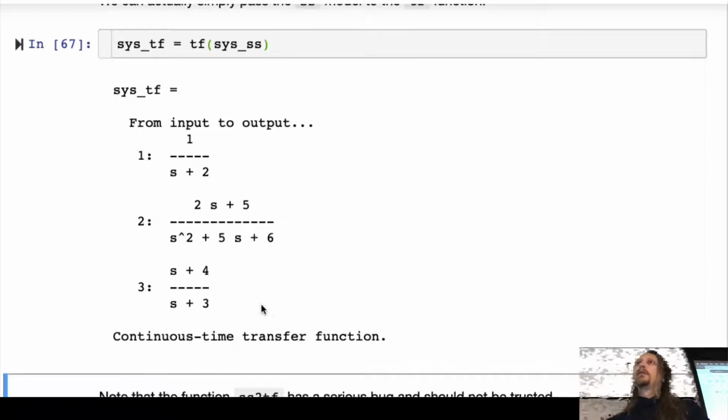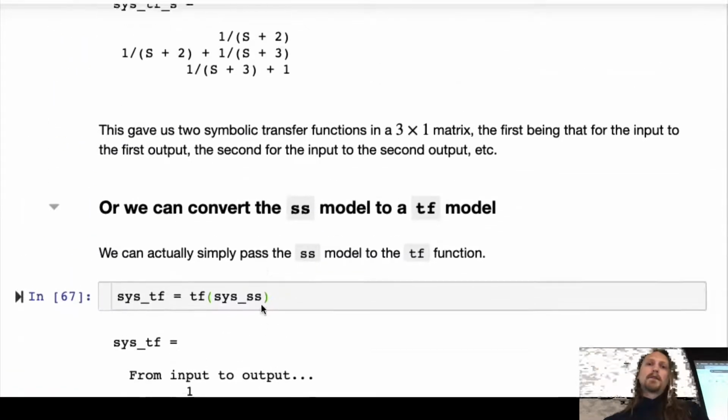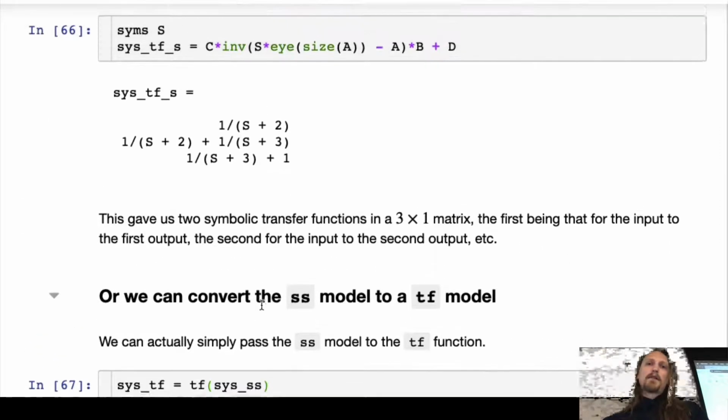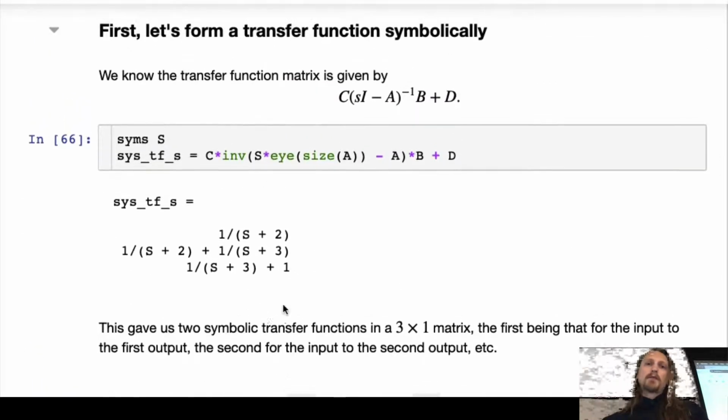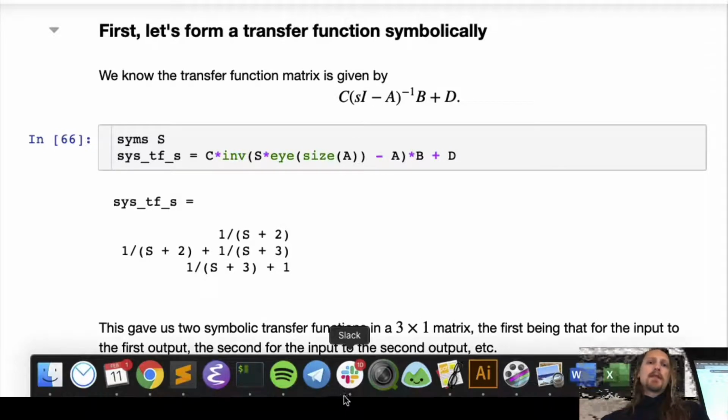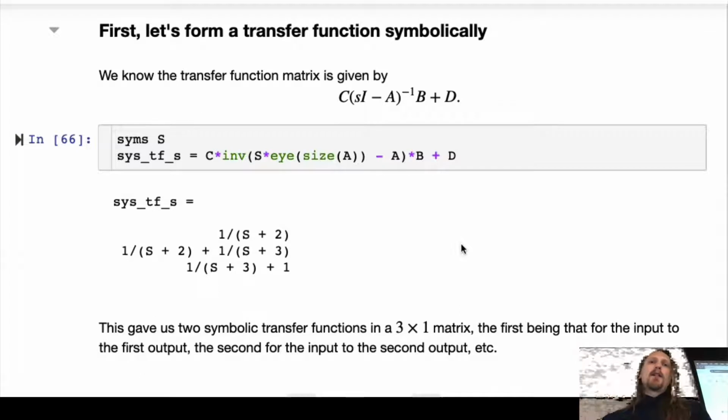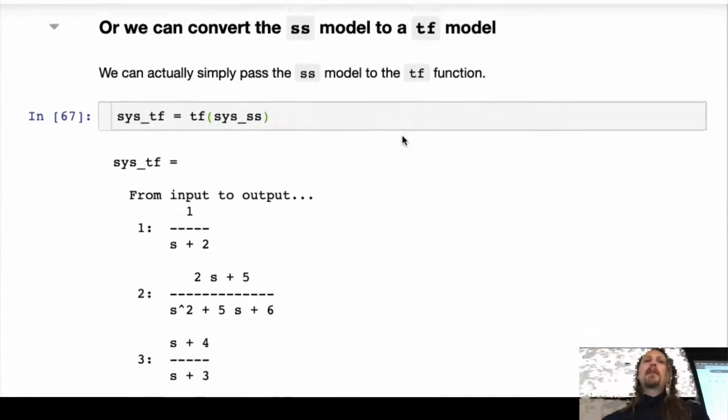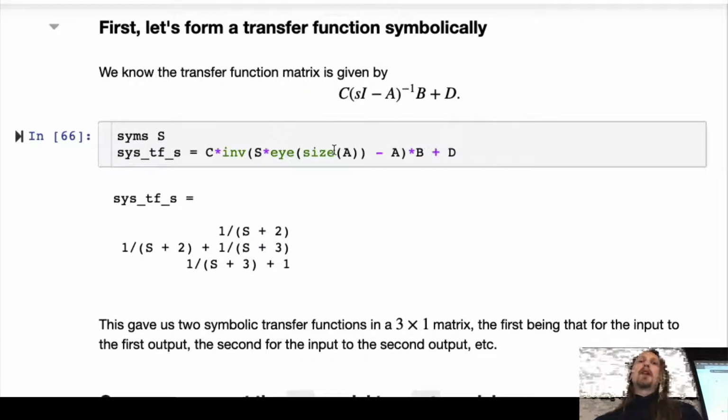Yeah? Wait, can you go back to that part? I guess I got a little lost there. So right there, we're converting it into a transfer function? Yeah. So this is the standard method of doing that. And then below we're doing the same thing, but we're not going to use symbolics.